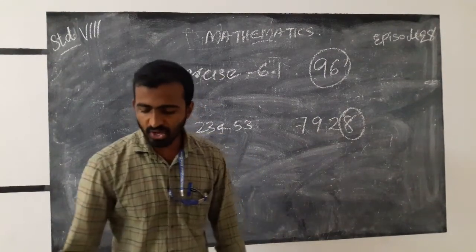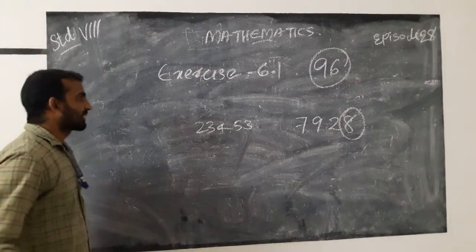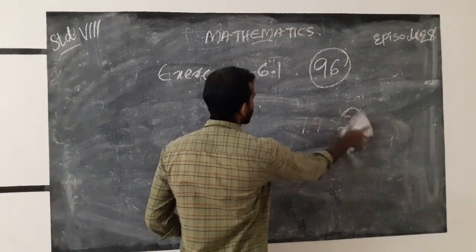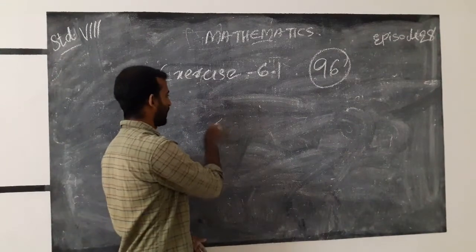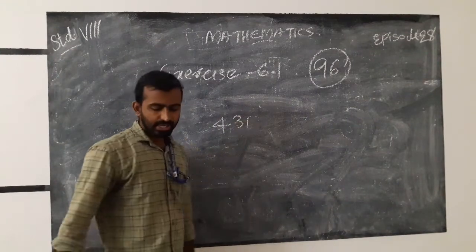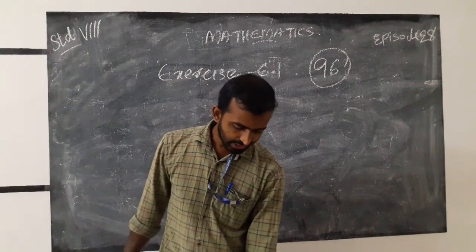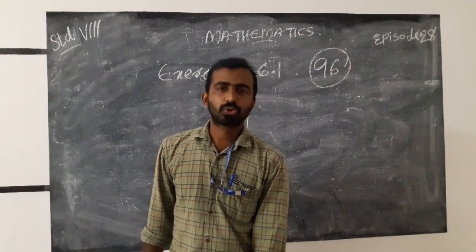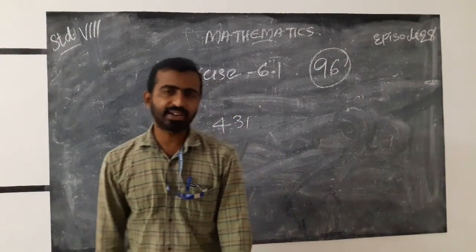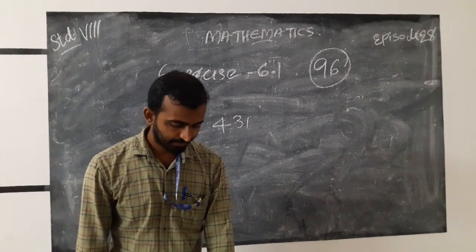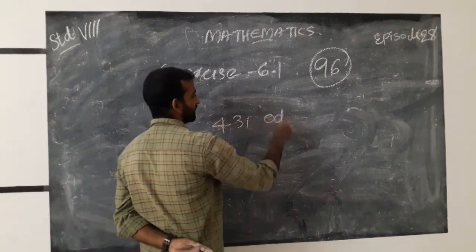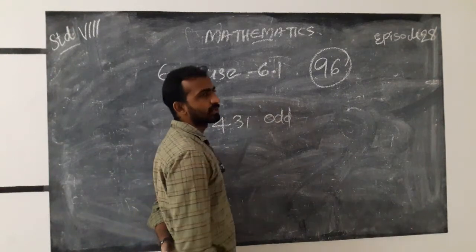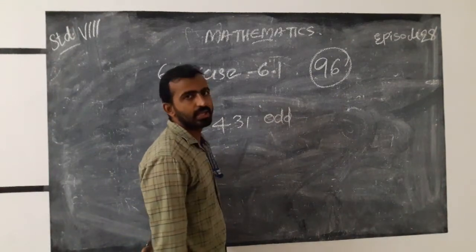When we take the square of 431, we get an odd number. And the second one is 2,826.